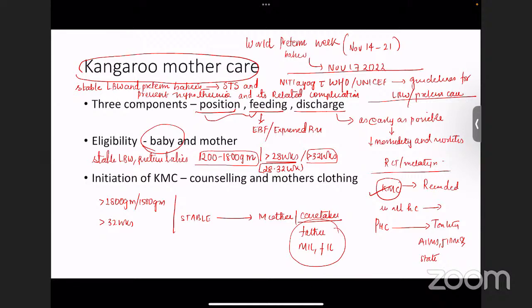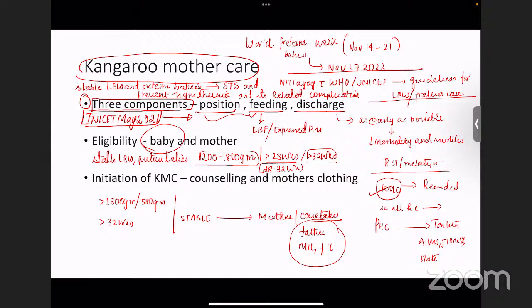Because this question was asked in INICET May 2021. Mind you, in INICET May 2021, they asked which of the following is not one of the three components of KMC. So this topic is very high-yielding for both your entrance exam as well as your university exam.